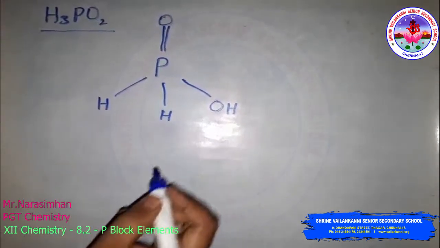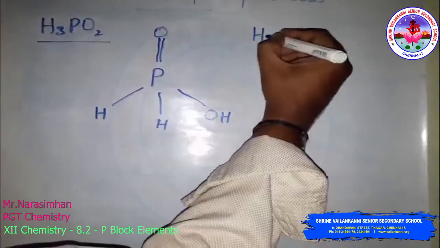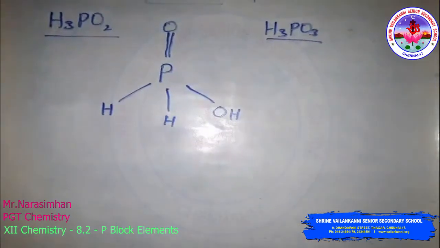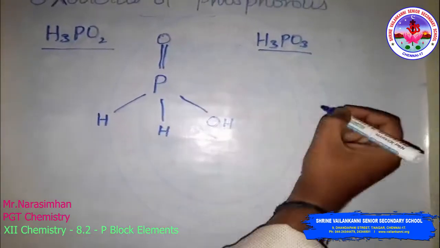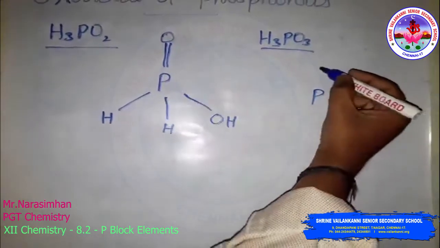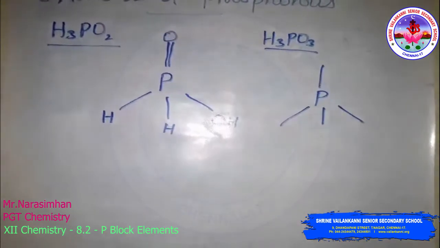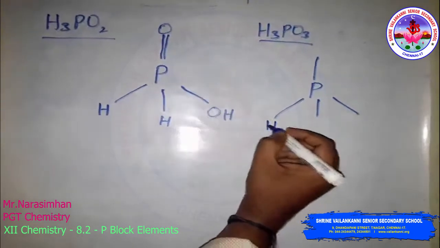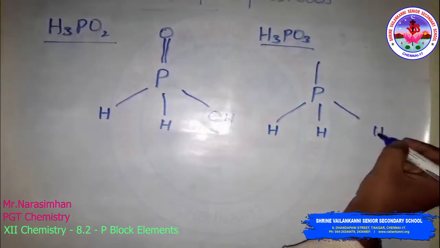Then H3PO3. Follow the same way. Write phosphorus in the center, then draw a tetrahedral arrangement, and the remaining are 3 hydrogens and 3 oxygens.